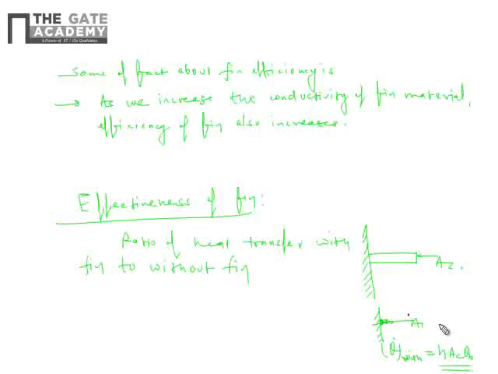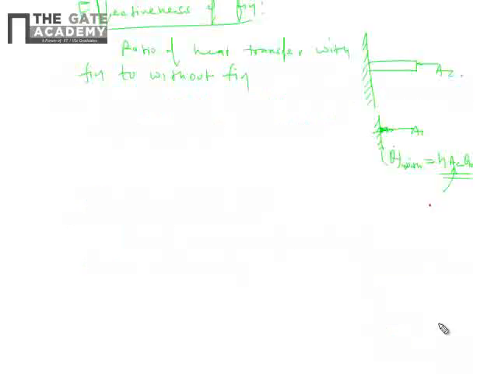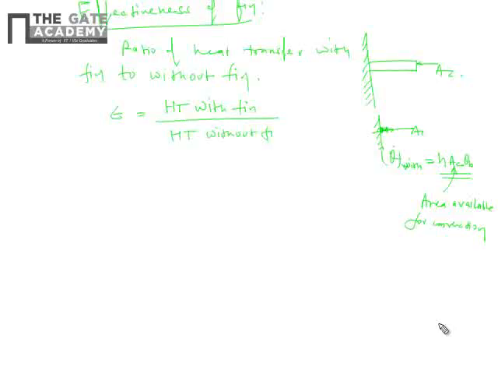Only due to convection, and Ac is the area available for convection. Effectiveness is denoted by epsilon, and this is equal to heat transfer with fin upon heat transfer without fin.